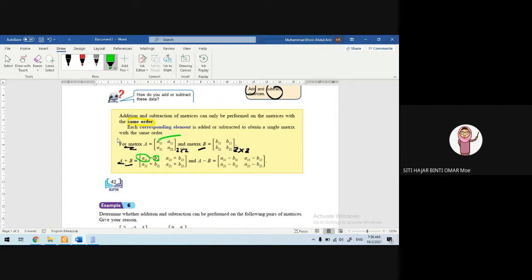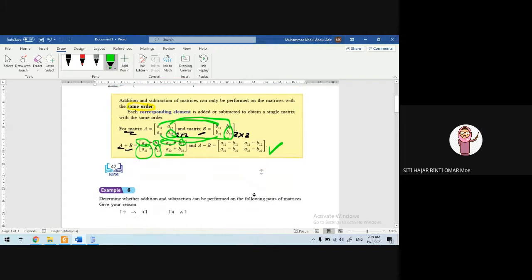A12 plus B12. A21 corresponds to B21, so they can be added to each other. A22 corresponds to B22. So we only add or subtract the corresponding elements. We do not cross between other elements. That's how we add and subtract.